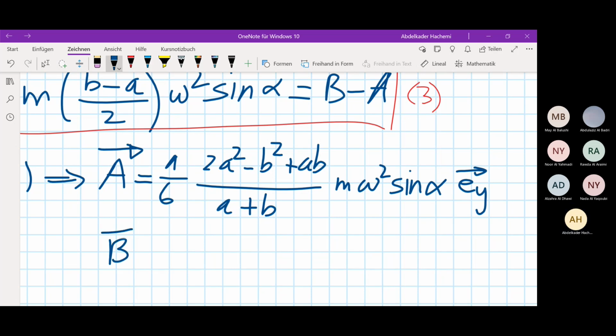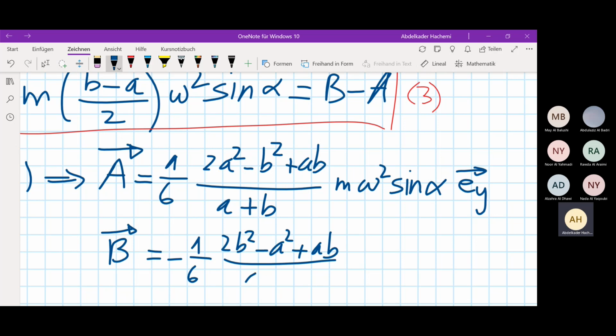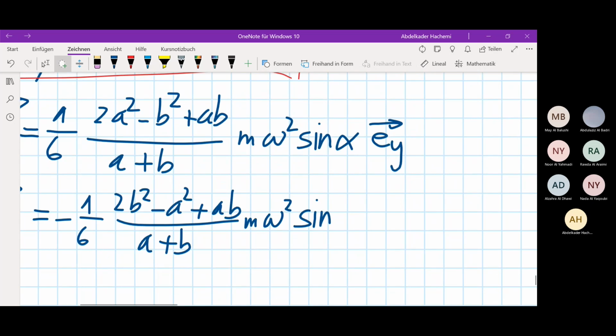And for B, it will be equal to minus 1 over 6, (2 B square minus A square plus AB) divided by (A plus B), and omega square sine alpha, also along the y direction.